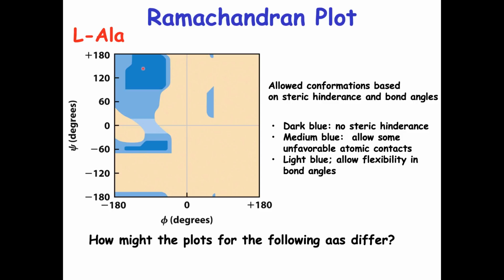Now, remember that alanine has only a methyl side chain, and so we could imagine that the phi and psi angles that it can adopt are going to be fairly broad. There won't be a lot of steric hindrances because the R group is so small.